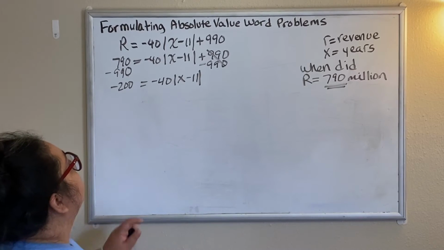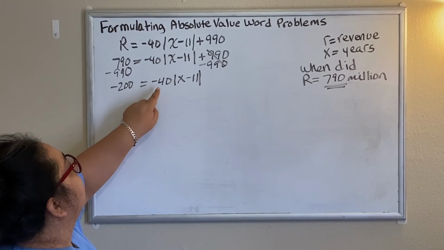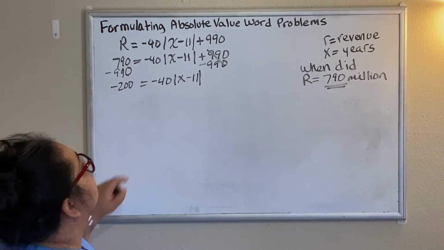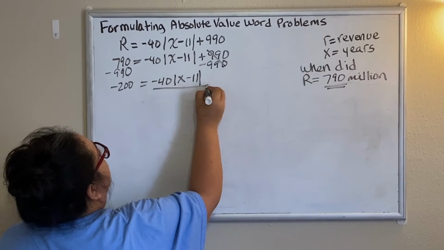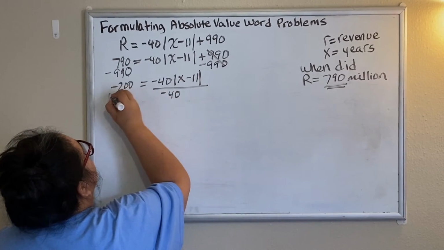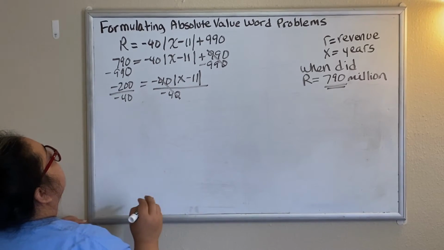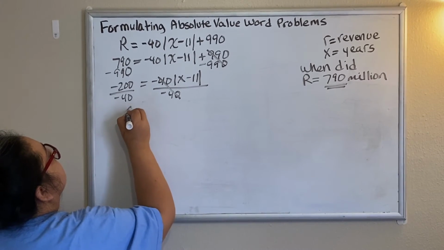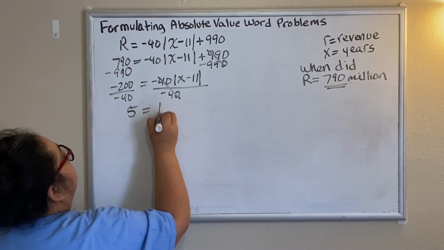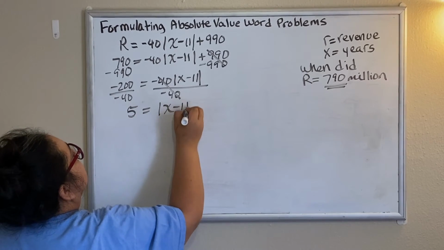And then reverse order of operations says to undo multiplication and division next. I've got multiplication here, so we're going to divide by negative 40 on both sides. Negative 200 divided by negative 40 is 5. So we get 5 equals the absolute value of X minus 11.